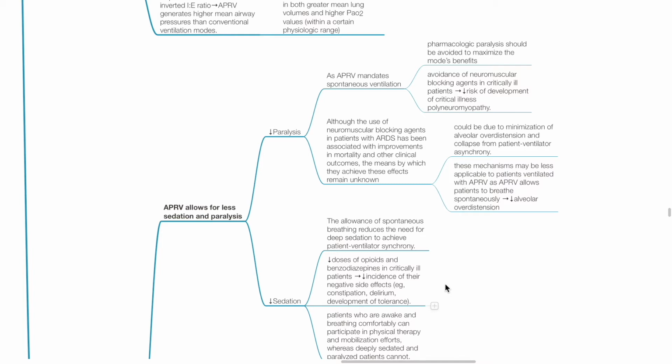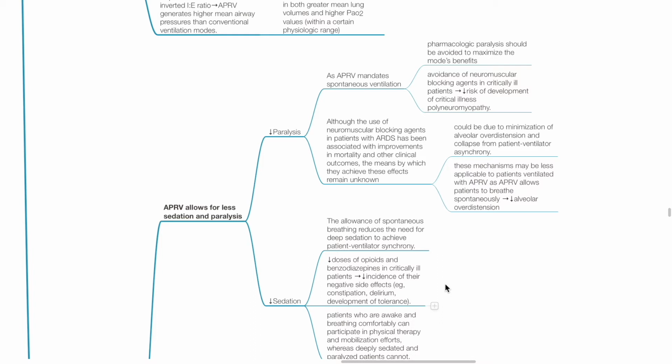Although the use of neuromuscular blockers in patients with ARDS has been associated with improvements in mortality and other clinical outcomes, the means by which they achieve these effects remain unknown. It could be due to the minimization of alveolar overdistension and collapse from patient-ventilator asynchrony.